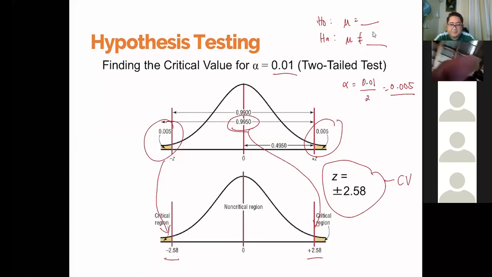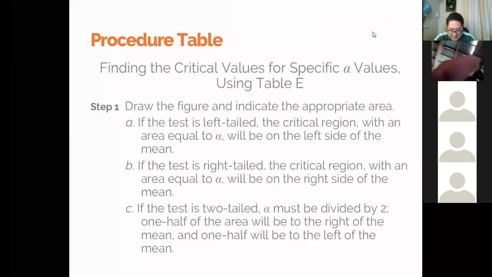Okay? Okay. Now, we apply yung procedure. So, yung procedure na to, same lang din yung diniscuss natin, in word format lang. Kapag left-tailed siya, yung critical region natin is in the left side ng mean. Kapag right-tailed, nasa right side ng mean.